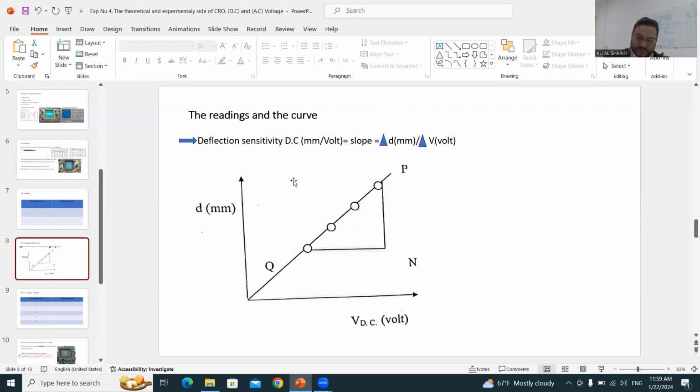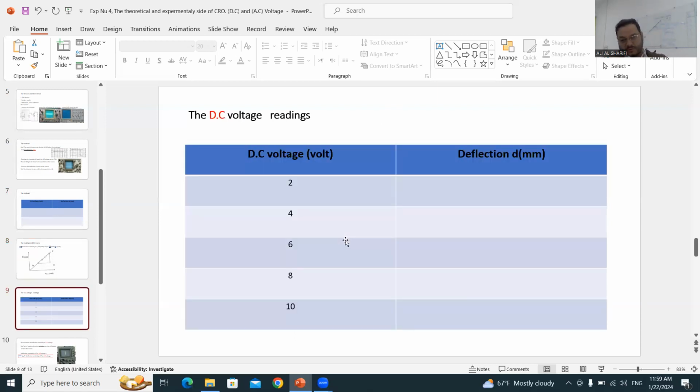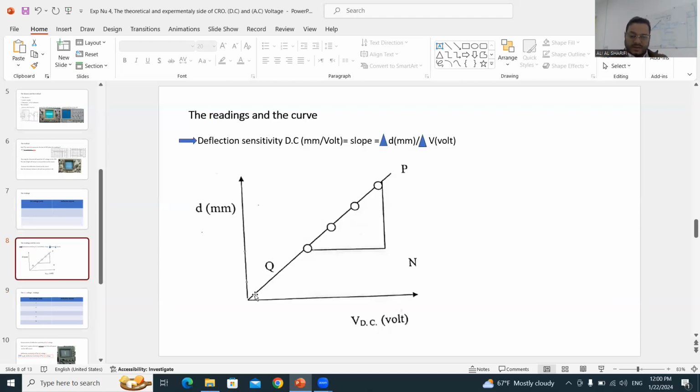Here, the slope will be, like I said before, delta D divided by delta V. Here is my column. I expected the deflection distance to increase too, because at this curve, it was a linear relation between D and V.